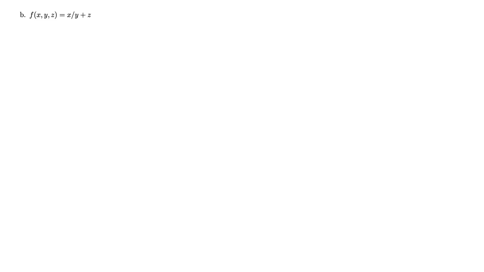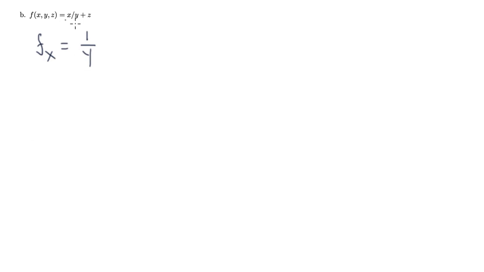All right, so here we want to take some more partial derivatives. So let's start with f_xx. So we'll take the partial derivative with respect to x first, which, okay, this z we're going to treat as a constant, and y we're going to treat as a constant. So this is just x over constant plus constant. The derivative is just going to be 1 over y, like that.